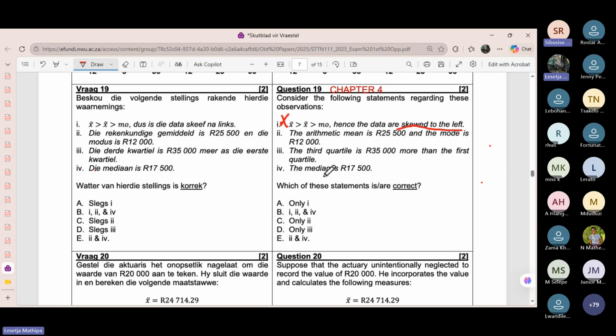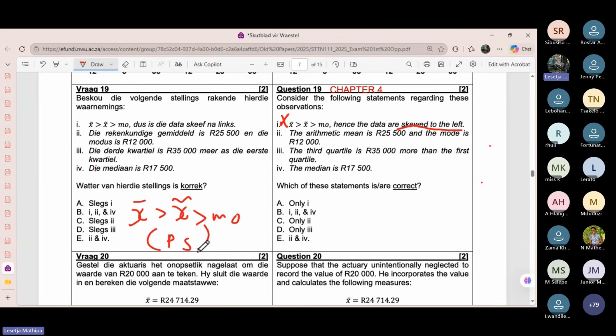Okay, the reason why the option Roman figure one is incorrect is that they are saying the mean here is greater than the median. You see this one where they put something like this here, it stands for the median, which is greater than the mode. If they tell us so, we call this skewed to the right. It's positively skewed.